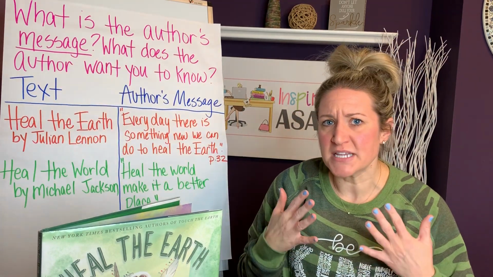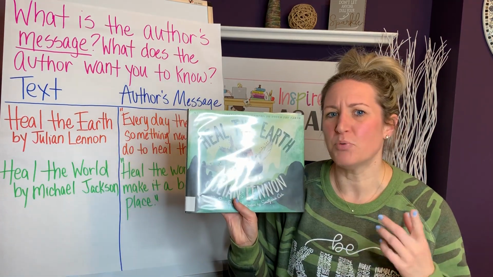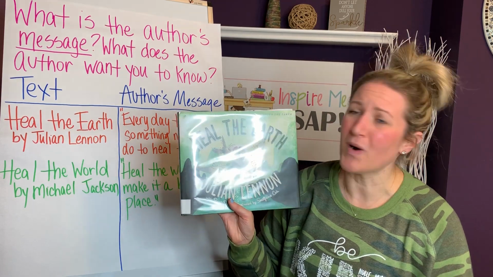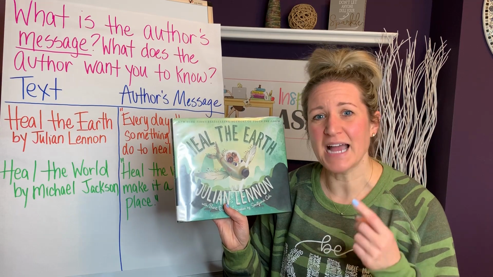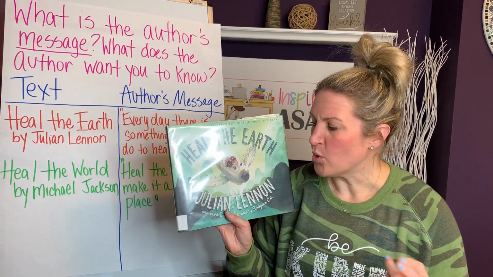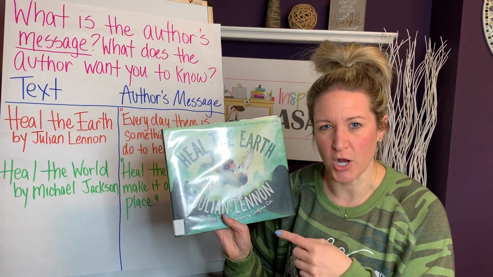If I use this book for an example, it is important to think about the message or the lesson that the author wants us to take away from reading this book. As I read aloud this story to you, boys and girls, I want you to think about, what does the author want me to know as a result of reading this book?